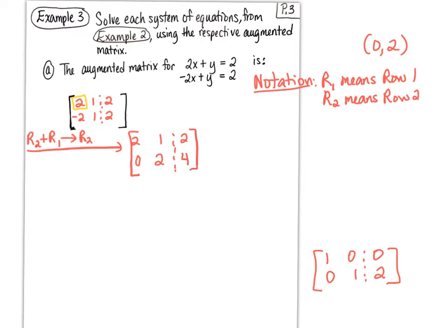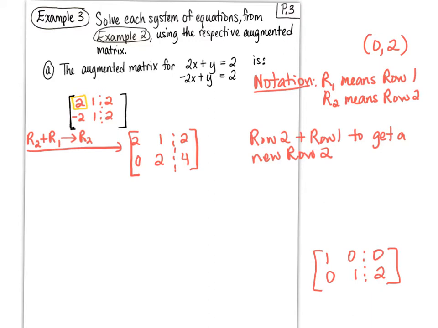Okay? So what we did was we said row 2 plus row 1 to get a new row 2. Does it help for me to write this out on the side? Okay, so I'll do that.